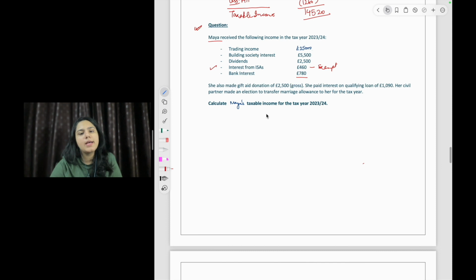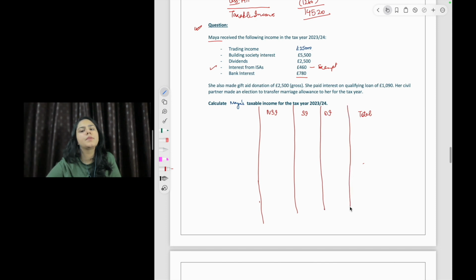Now Maya has trading income, which is my non-saving income. Then I have saving income, dividend income, and total. Here my total is going to be trading income as 25,000, and I'm going to write it under total as well.